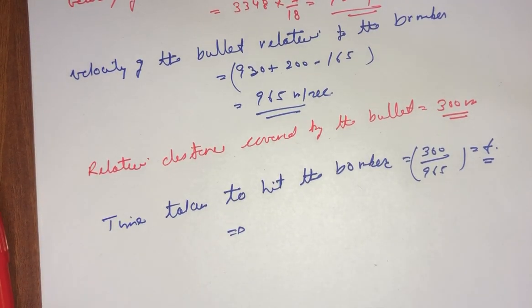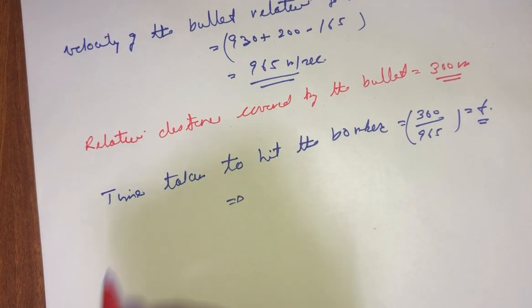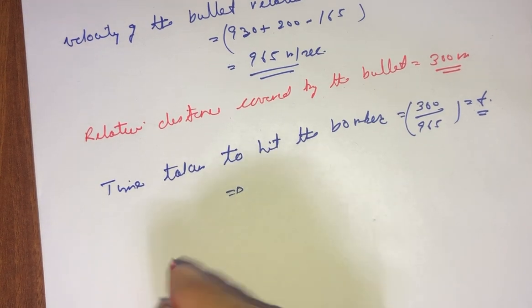Now we are going to find out the displacement with respect to the line of sight. So the downward displacement of the bullet.